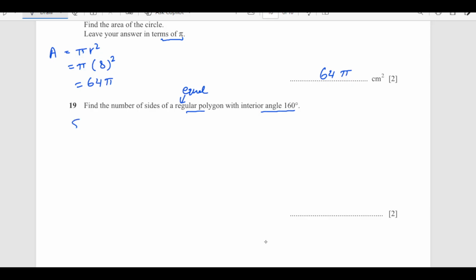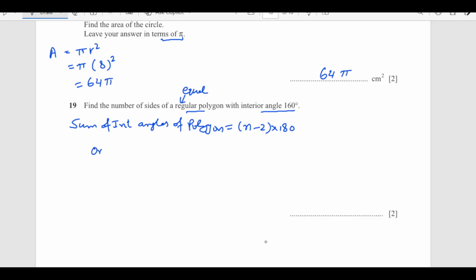Now we have a formula that sum of interior angles of a polygon is equal to n minus 2 times 180. So if this is the sum and if we divide it by n, then we will get one interior angle.